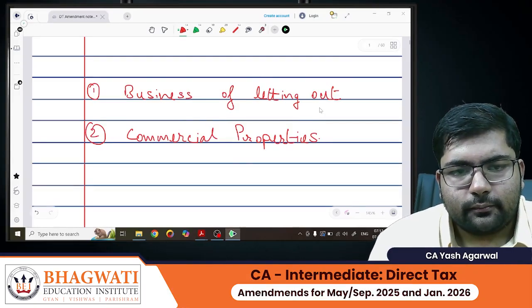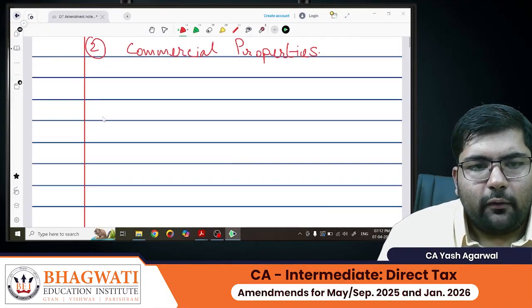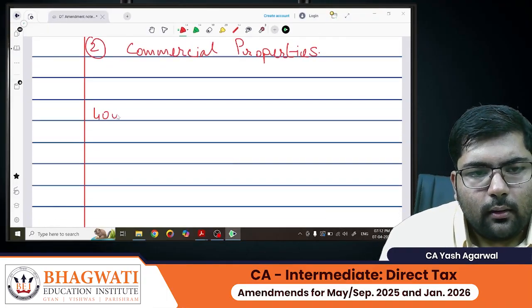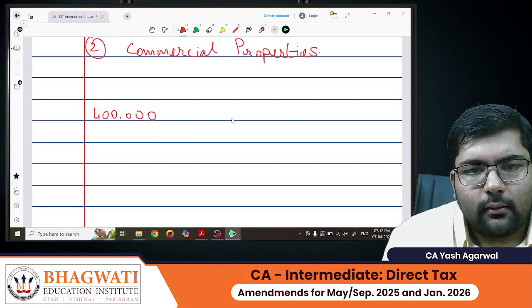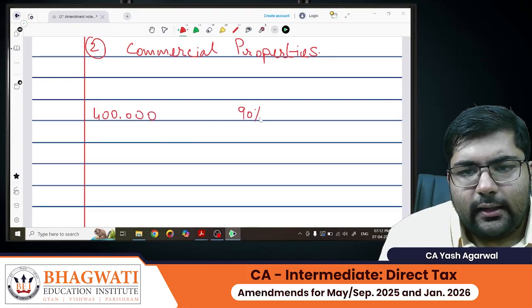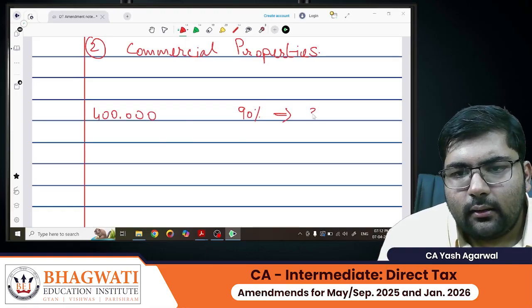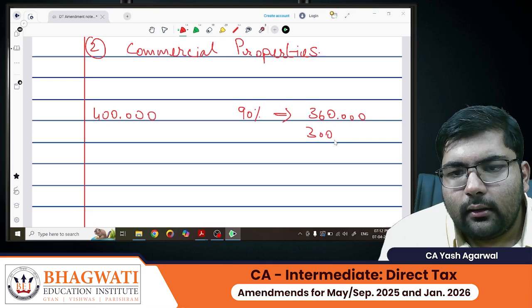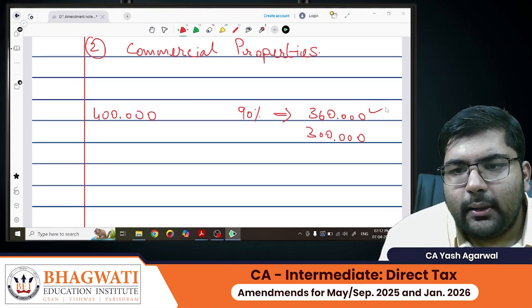Now, if you have a book profit of 4 lakh rupees, then 90% of this would imply 3 lakh 60,000 or 3 lakh. Whichever is more would be 3 lakh 60,000.